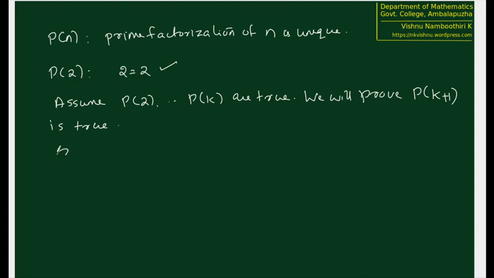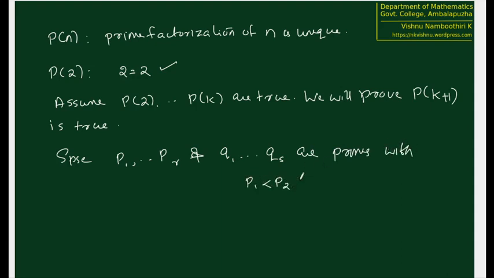So, suppose p1, etc., pr and q1, etc., qs are primes with p1 less than p2 less than etc. less than pr, and q1 less than q2 less than etc. less than qs.